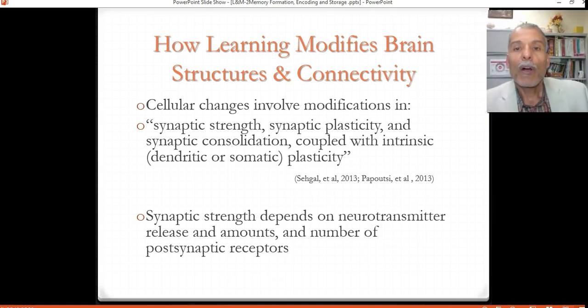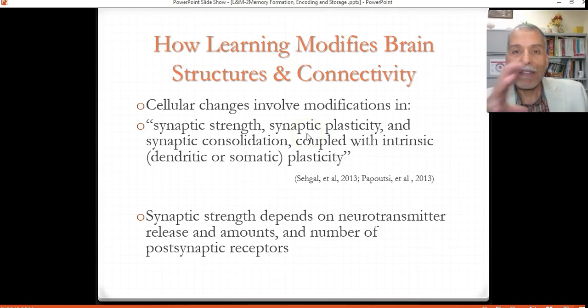Cellular changes involve modification. Number one, modification in the synaptic strength. How strong will this synapse be? There are molecules called adhesive molecules that cause the two parts of the synapse to stay together. So that will be strengthened.